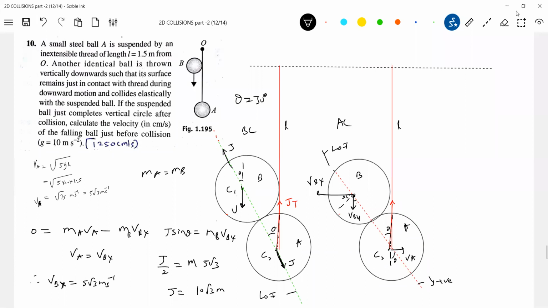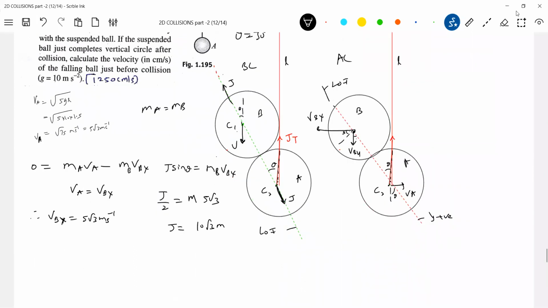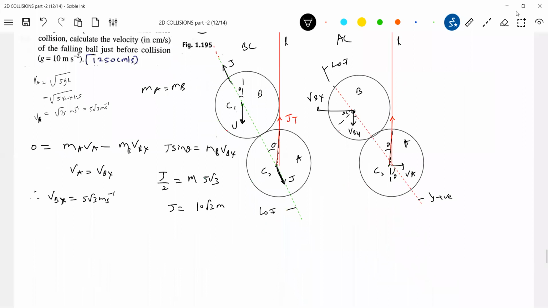Okay, let's write the coefficient of restitution formula. Collides elastically. I need a little bit more space.